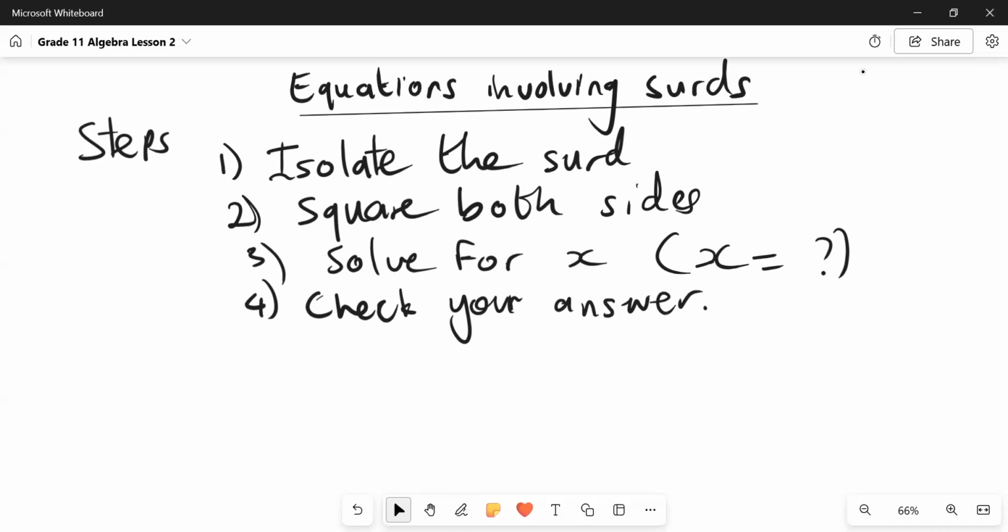With that being said, let's take example one and try to apply these steps to see if they can help us.